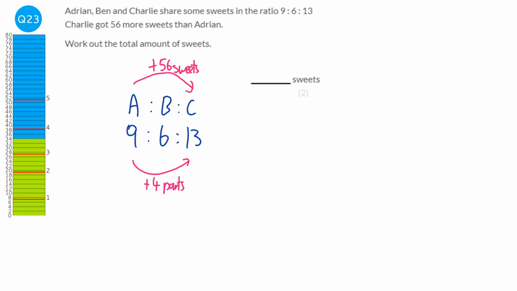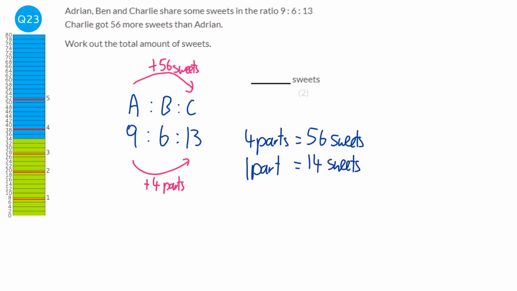So the 4 extra parts are worth 56 sweets. So 1 part would be 56 divided by 4, which is 14 sweets. So all we need to do now is work out how many parts there are.